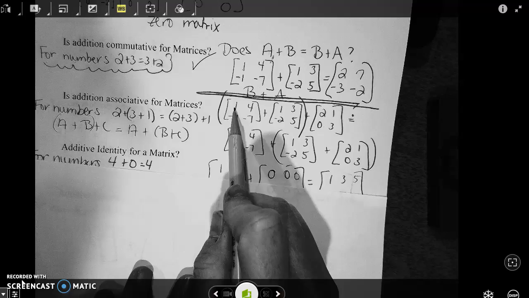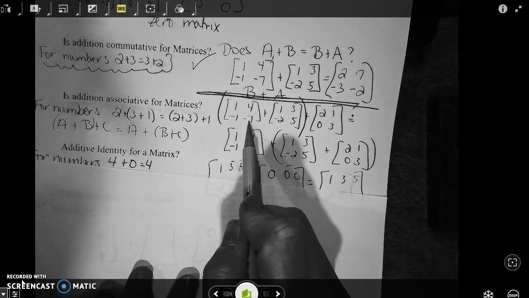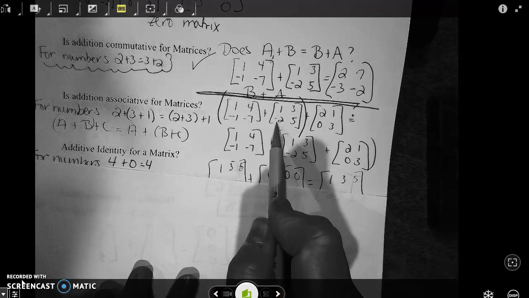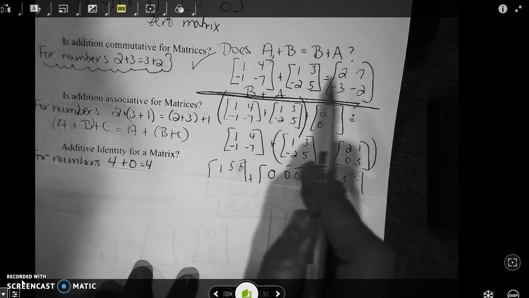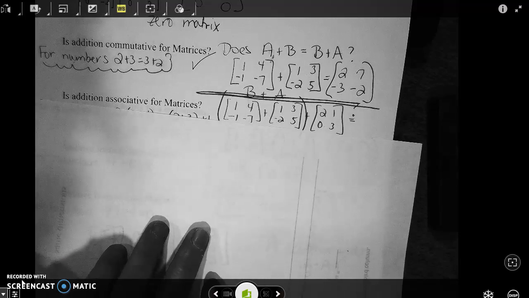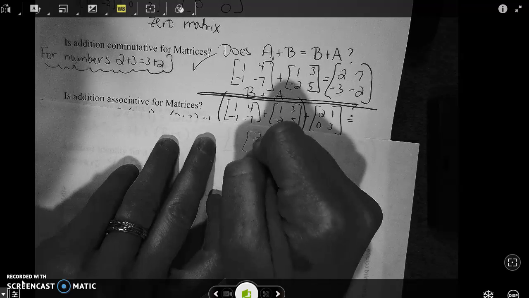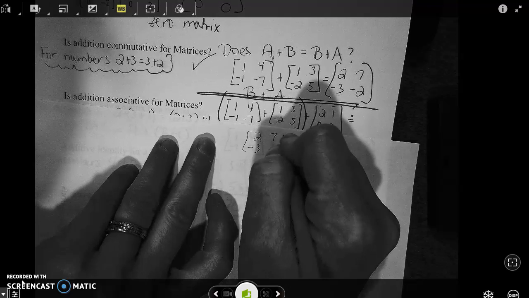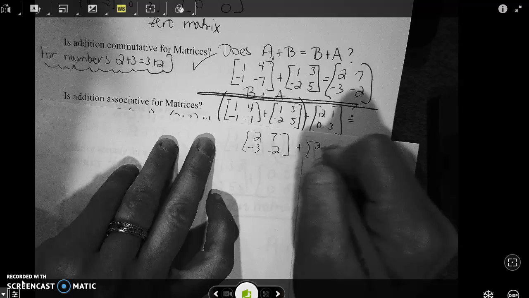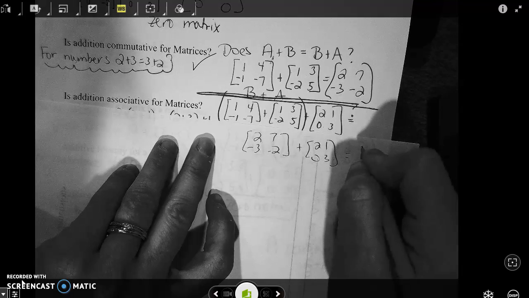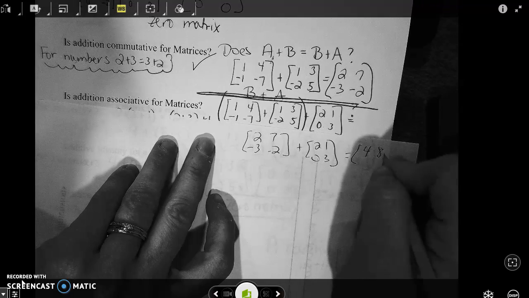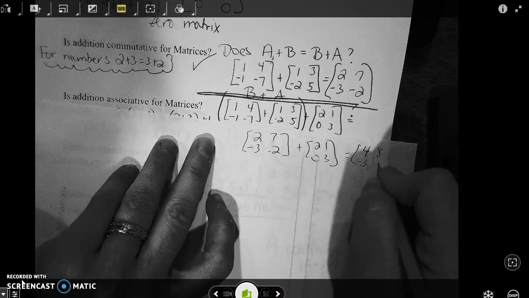So I've got 1, 4, negative 1, negative 7, and 1, 3, negative 2, 5, which notice is actually the answer from up above, which we know. And then I'm going to add 2, 1, 0, 3. When I add those, I get 4, 8, negative 3, 1.